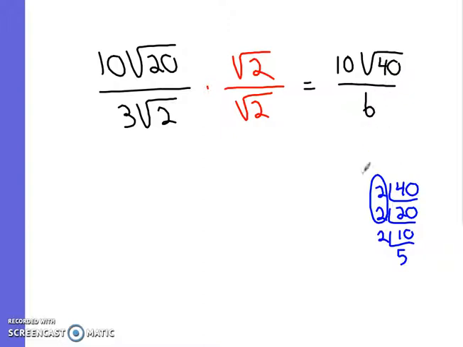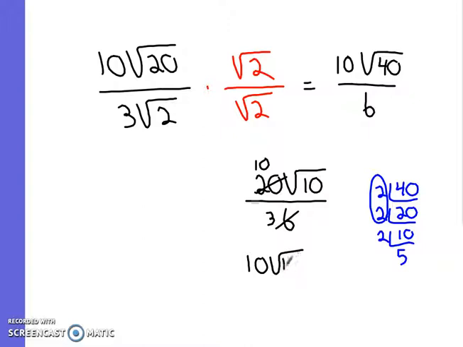So I'll take a 2 out of the root 40, but there's a 10 out there already, so I'll write it as 20. Inside I'll still have 10 from the 2 times 5, and then down below I still have a 6, and of course I should reduce 20 and 6 to 10 and 3. So I'll get 10 root 10 over 3. And that's as simplified as we can get. Okay, that'll do it.